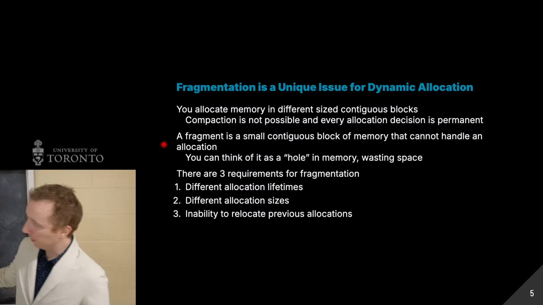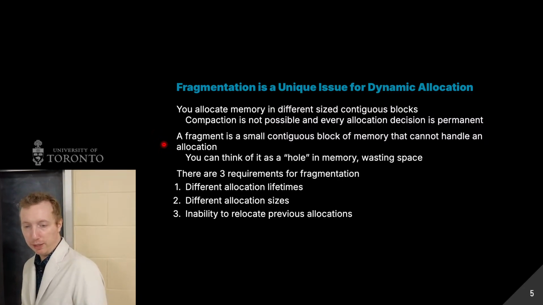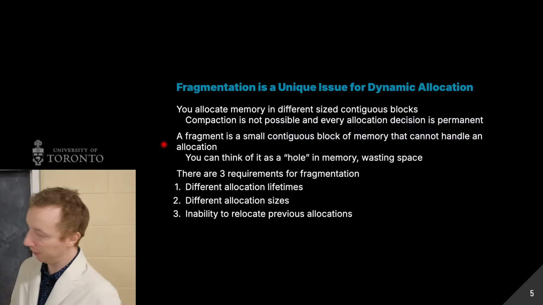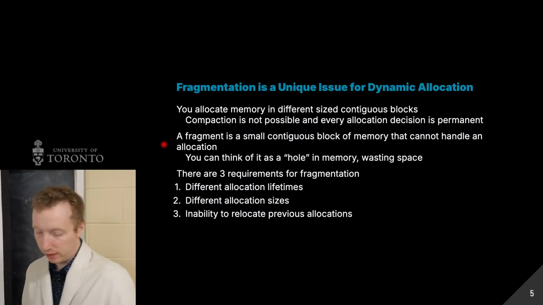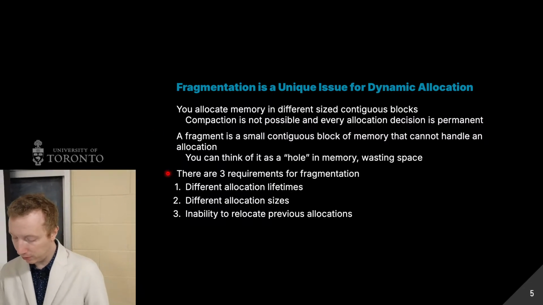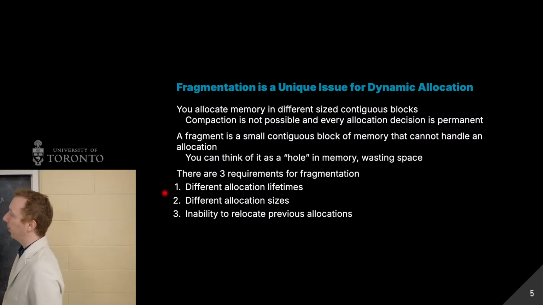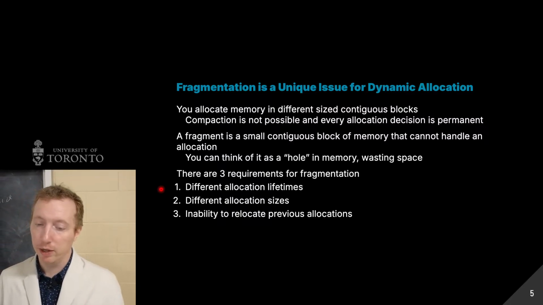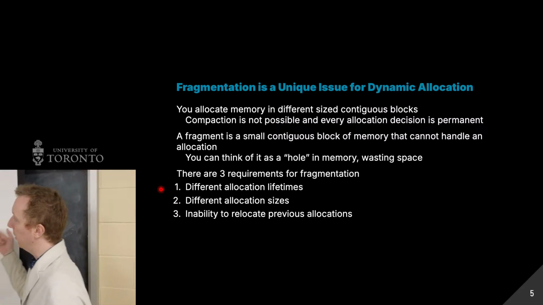So just to be clear, a fragment is just a small block of contiguous memory that cannot handle an allocation. Again, think of it as a hole in memory or just wasted space. And in order for fragmentation to be an issue, we need 3 requirements to happen for our memory allocator. The allocations have to have different lifetimes, and these all have to be true.